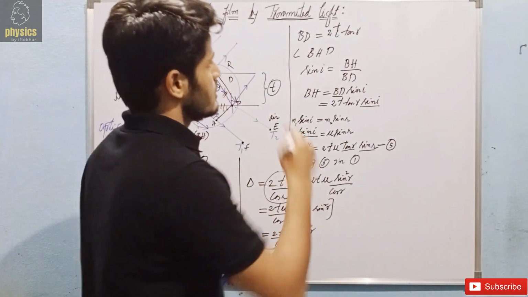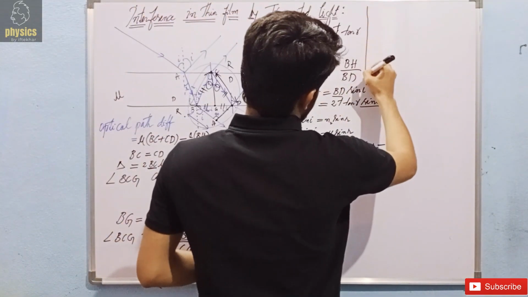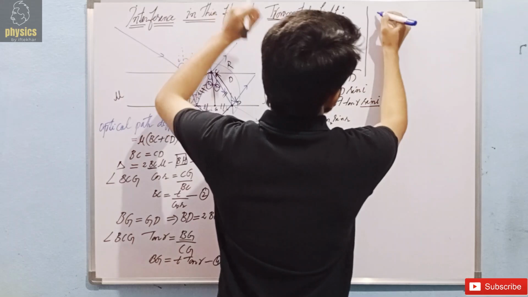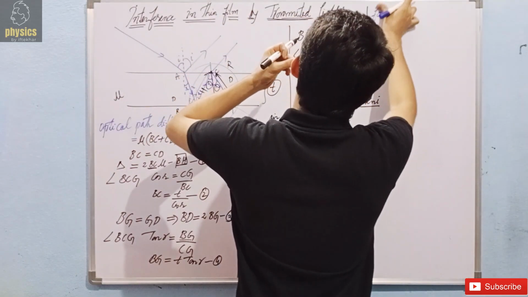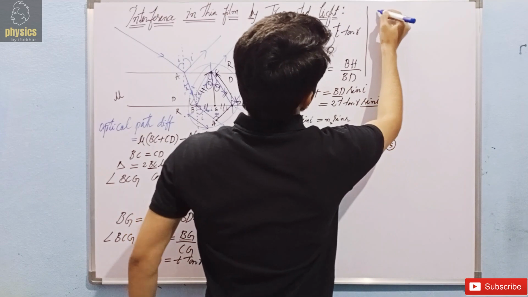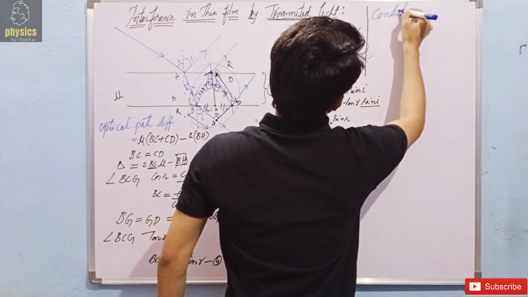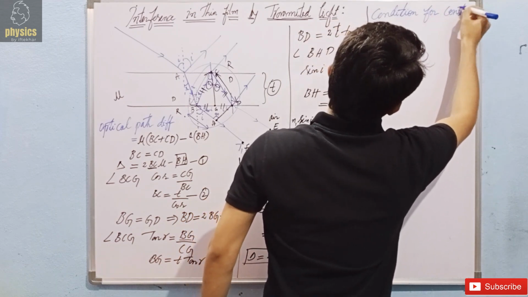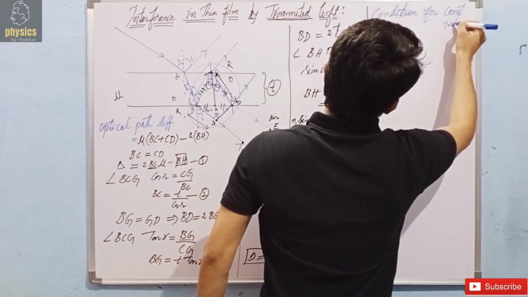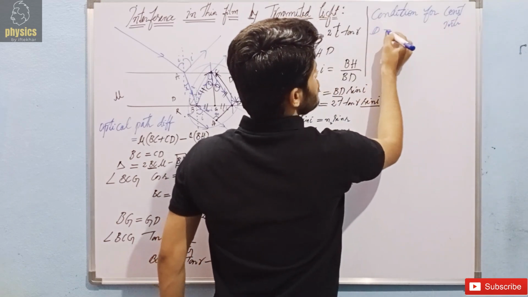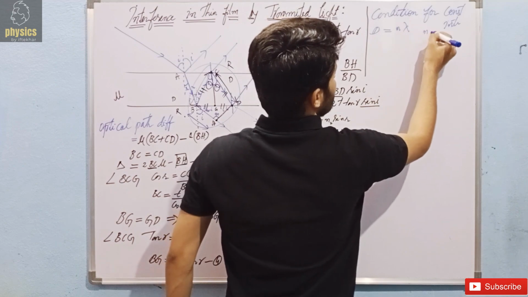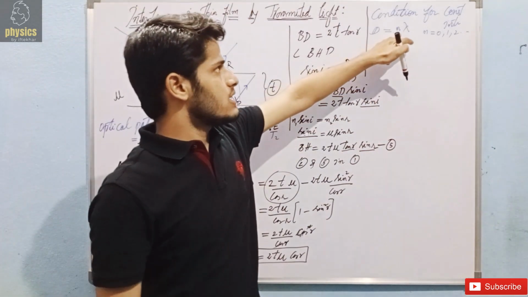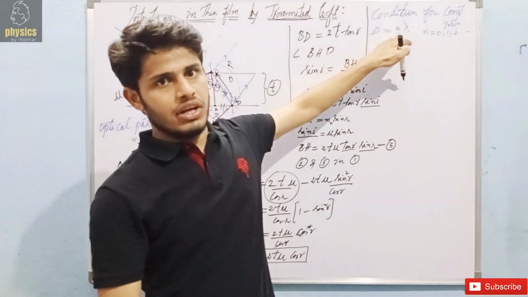Now we will find out the conditions to have a bright and dark fringe in transmitted light rays. So for the condition for constructive interference, the path difference should be n lambda, where n can take values 0, 1, 2, 3 and so on. So if this is the case, we can get a constructive interference.